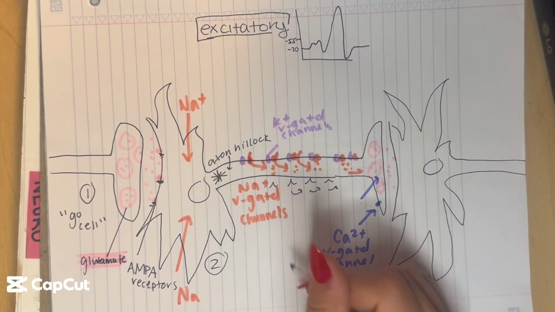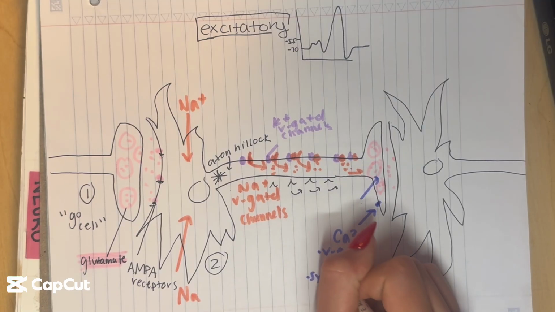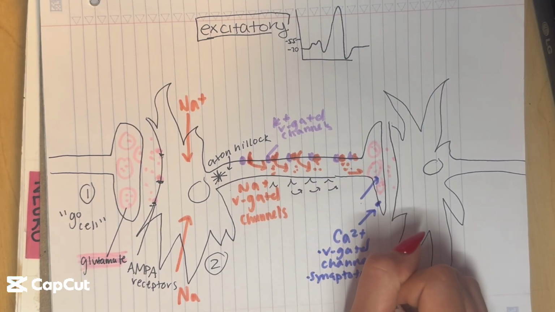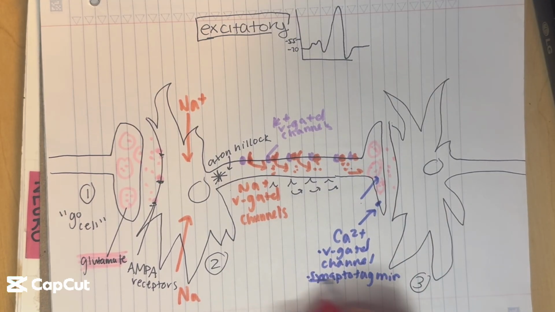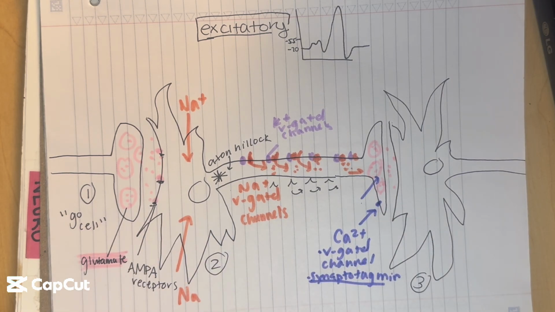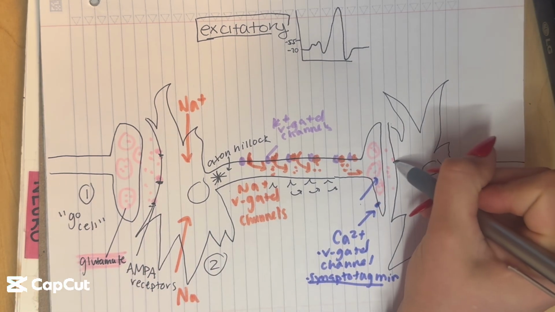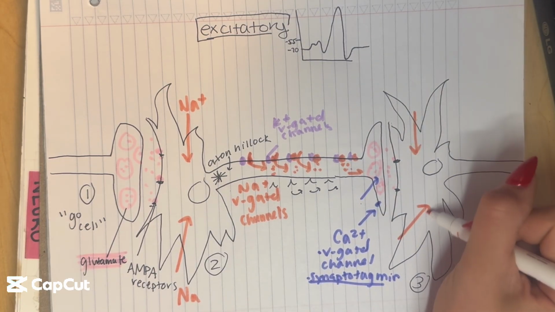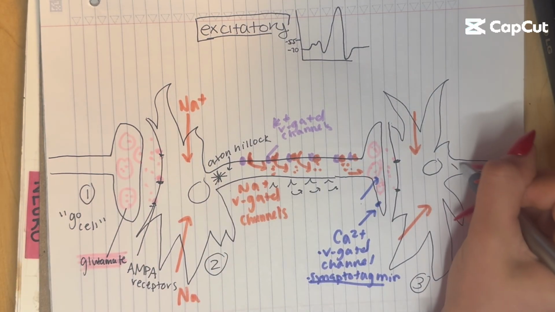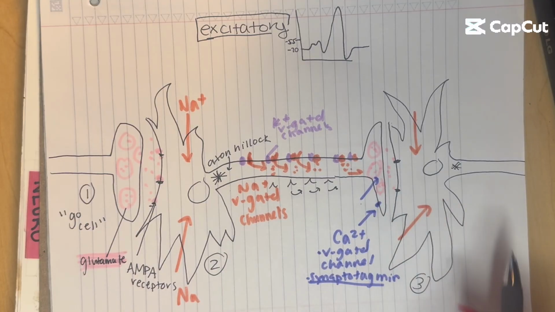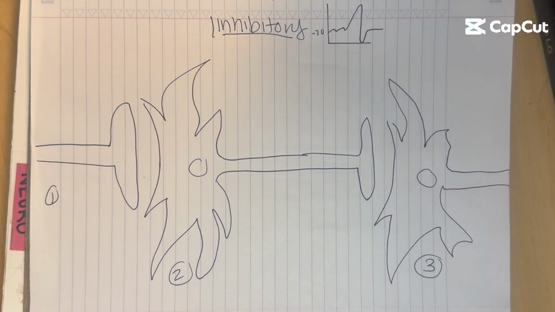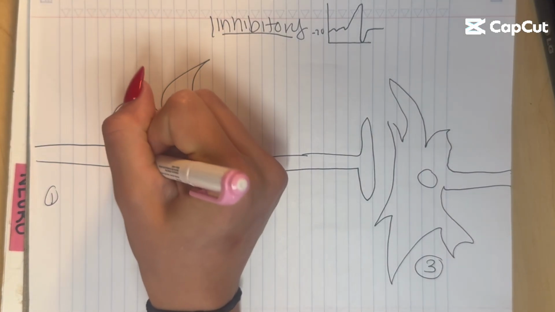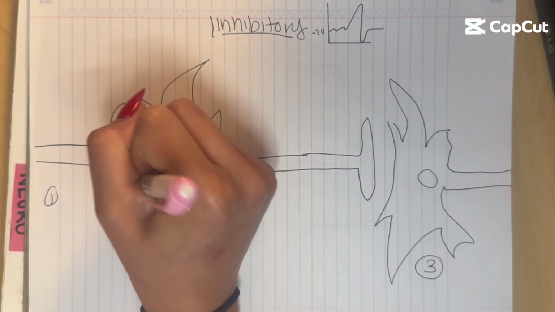The synaptotagmin is a protein, and the calcium then allows that vesicle to bind to the cell membrane, and the neurotransmitter then diffuses across the cleft, attaches onto those AMPA receptors on that third cell, and hopefully, if it reaches threshold, this excitatory circuit will continue with that same sodium-potassium cycle, and that will just drive the excitatory signal forward.